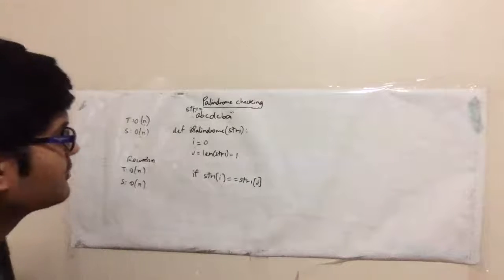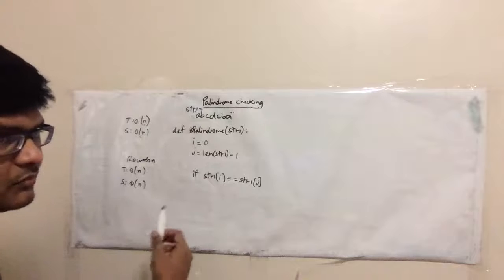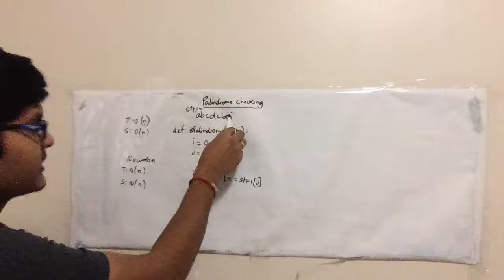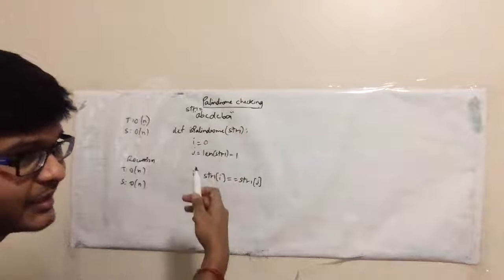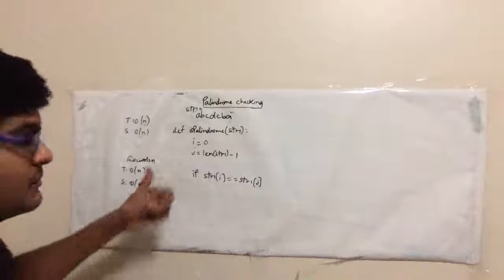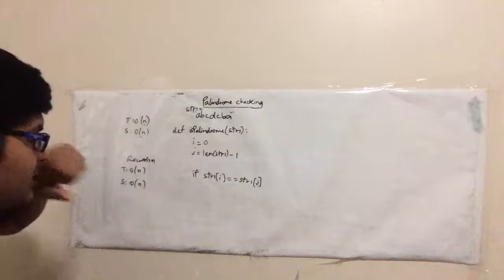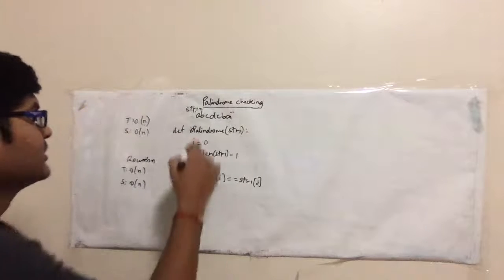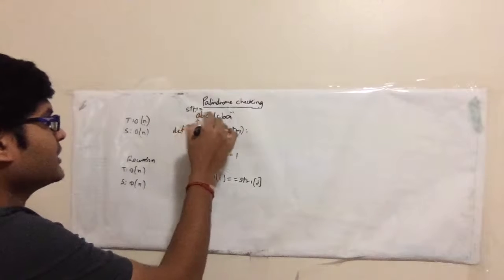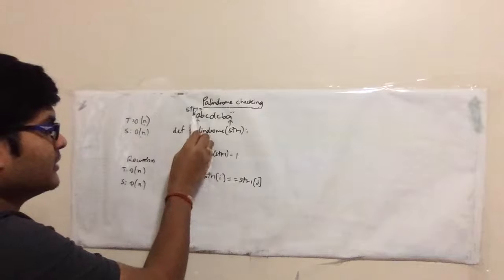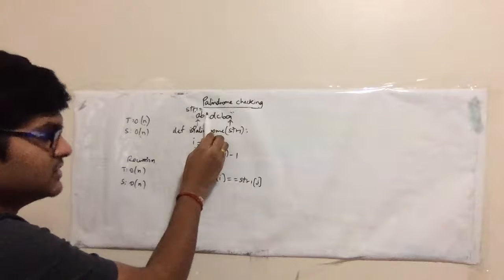And one more thing we have to put as a condition here: we are checking these characters, but we need to check the condition between, I mean, i less than j or whatever. It is obvious that we are increasing i and decreasing j.